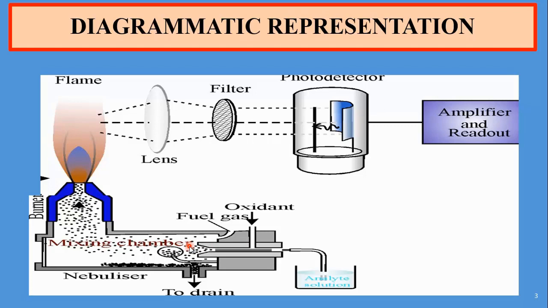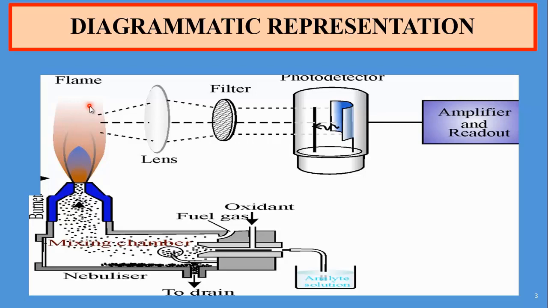After that, the nebulizer converts the fuel gas, oxidant and solution in a mixing chamber. The droplets which are greater in size will be drained out and those which are smaller will go into the burner. After the burner it goes on to the flame and ionization of the sample takes place.